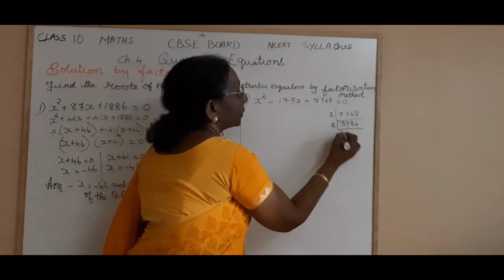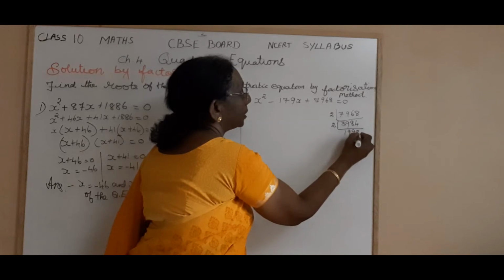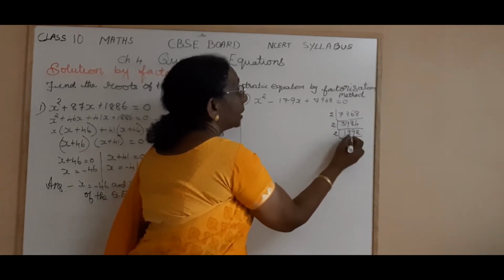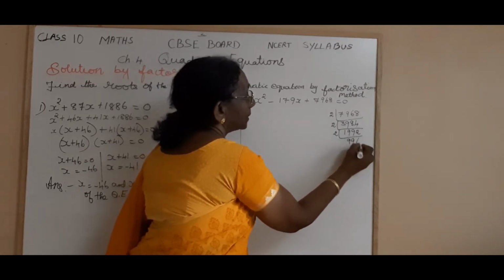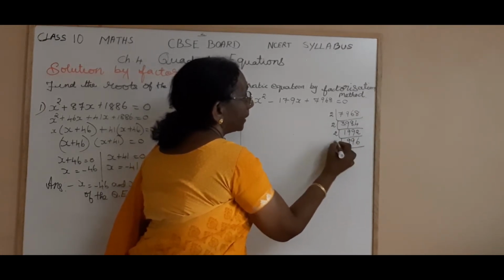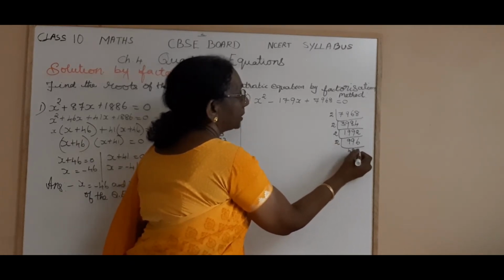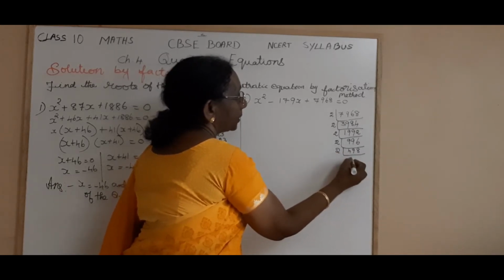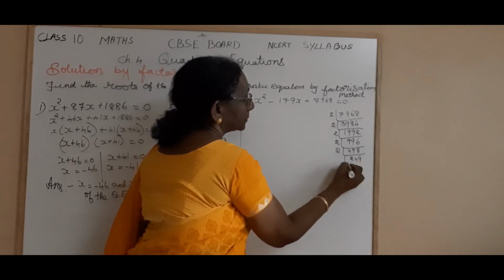Again divide by 2. 1 2s are 2, 9 2s are 18, 2. Again divide by 2. 9 2s are 18, 6. Again divide by 2. 4 2s are 8, 9 2s are 18, 8 2s are 16. Again divide by 8. 2 2s are 4, 4 2s are 8, 9.